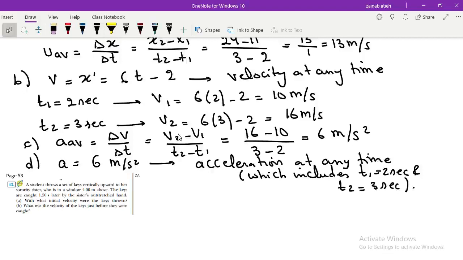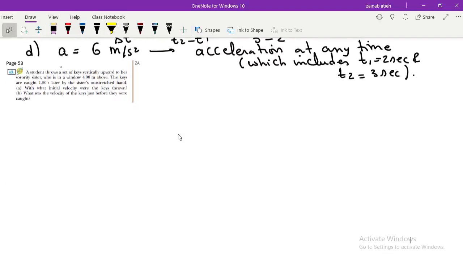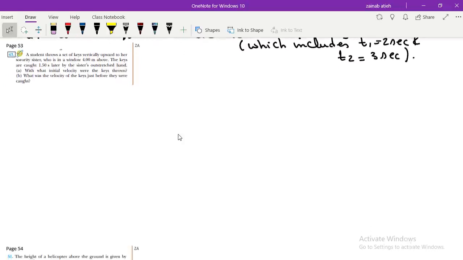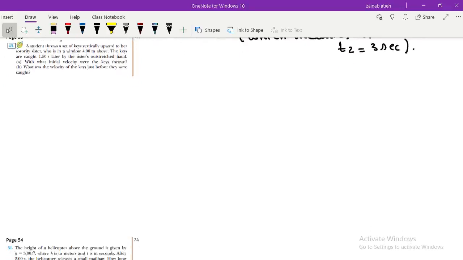Okay, now let's move to problem 43, page 53. Problem 43 says: a student throws a set of keys vertically upward to her sorority sister who is in a window 4 meters above. So the sister is 4 meters above the place where the keys were thrown.